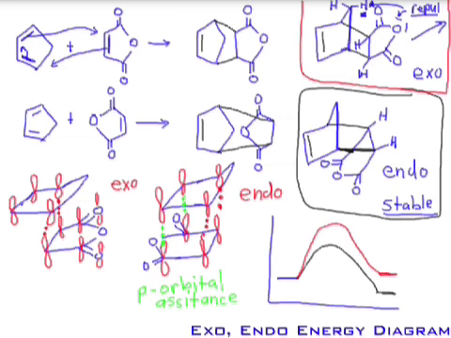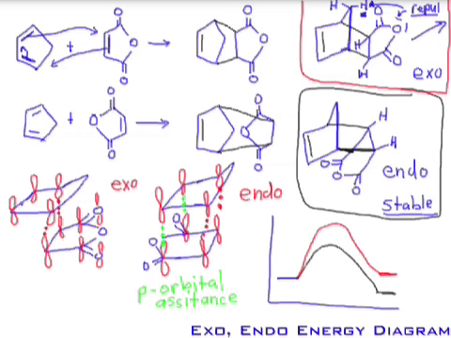Do we have to worry about kinetic control or thermodynamic control in this reaction? Well, if I look at the potential energy diagram, I don't see any crossover between the two lines. Because there's no crossover, there's no temperature dependence in the sense of generating kinetic and thermodynamic control.